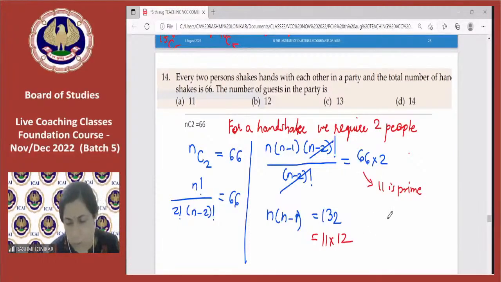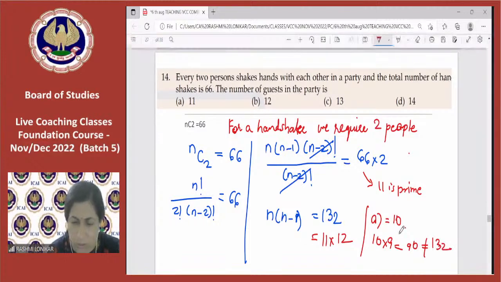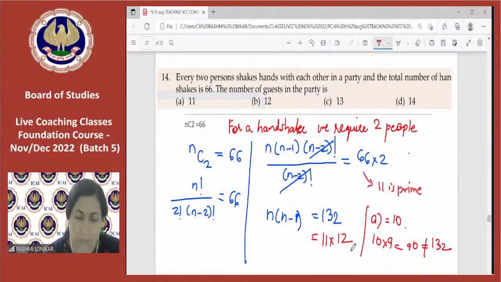Suppose they give me option A to be equal to 10. Now let us see. 10 into 1 less than n, into n minus 1. 10 into 9. This is 90. Right? Which is not equal to 132. Okay. So option will be given to me as 12.